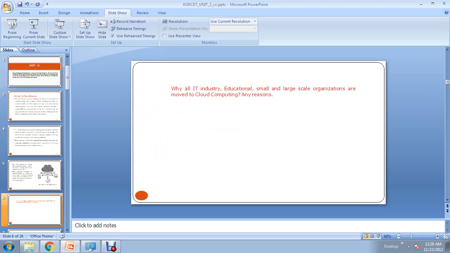Now, think for 5 minutes. The question is: why have all IT industries, educational institutions, and small and large scale organizations moved to cloud computing? If you have any reasons, think for 5 minutes and tell the answer.